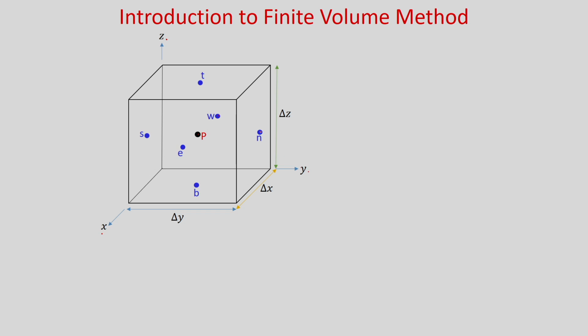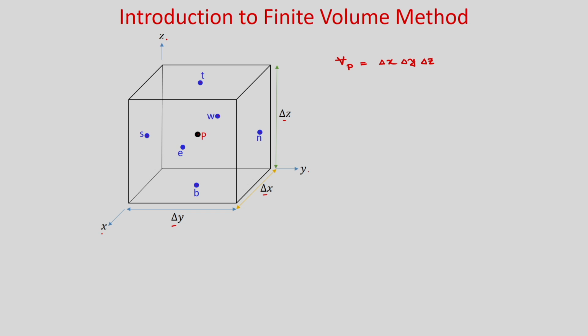In the y direction this is your north face center and this is your south face center, and in the z direction this is your top face center and B is the bottom face center. Obviously, at the bottom the face normal will be negative to the z direction, and the main cell has dimensions of delta x, delta y and delta z. So you can write the volume of the main cell as delta x into delta y into delta z.